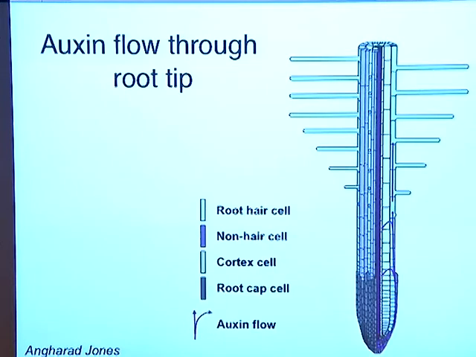If we cut away and look at where the auxin flow is, this is summarising lots of data from many labs and many papers. Auxin is being pumped down mostly from the shoot. Some is being locally synthesized as well. Then it's being pumped up because of the localization of PINs up the outside. Malcolm showed some data on this earlier as well. And then it gets refluxed back round.